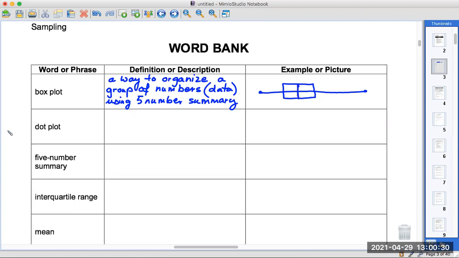And the 5 numbers you'll need go here, here, here, here, and here. You notice that box is not centered. It might be, sometimes it is, but it doesn't have to be, so don't assume. So that's called a box and whisker plot or box plot, and we're going to figure out what these 5 numbers are, okay?